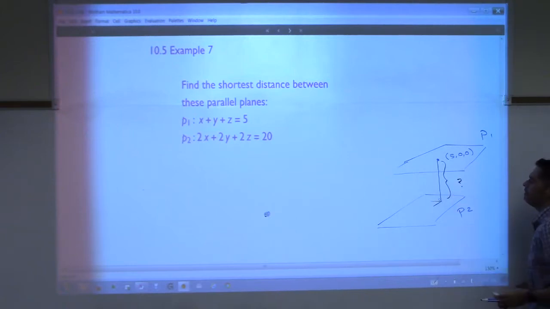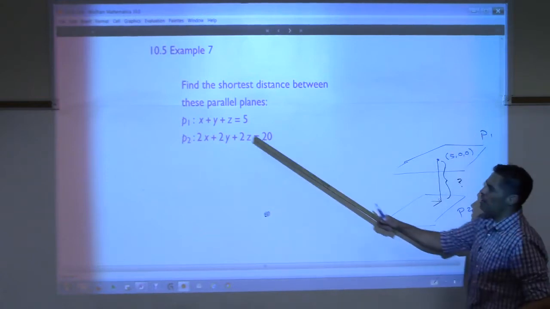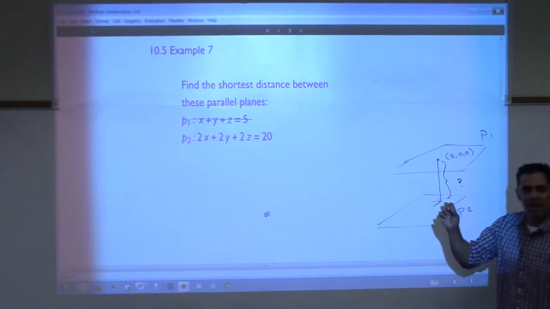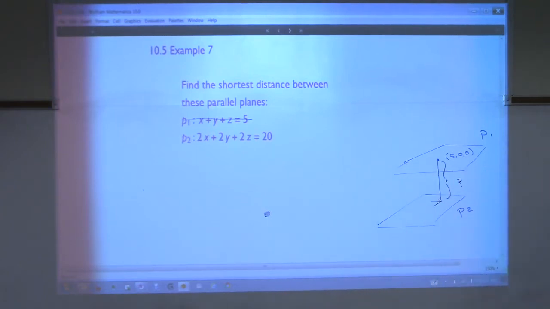Question, what is that? So we don't even need plane 1 anymore, do we? I don't even care about its equation anymore, because all I needed it for was to grab a point. Once I have a point, for the shortest distance between this point and that plane, I follow the procedure.